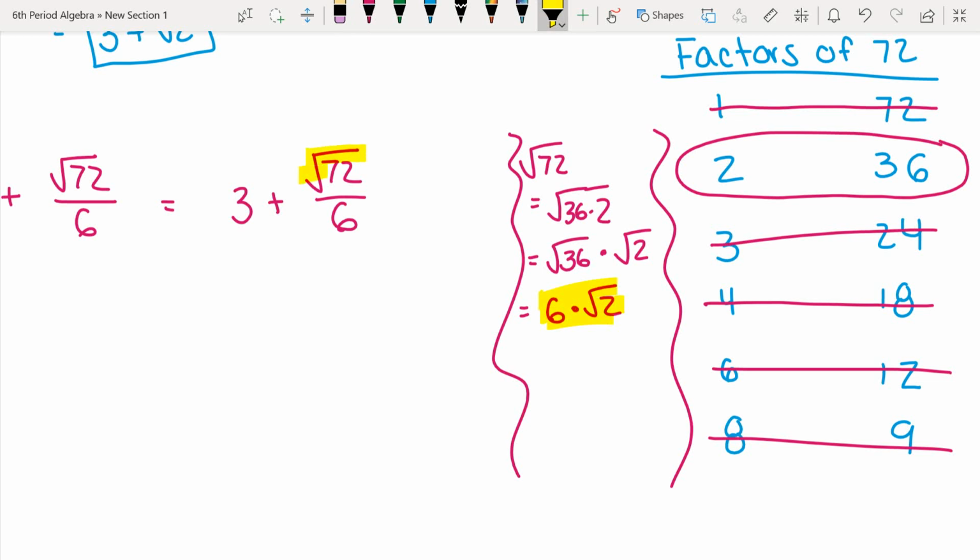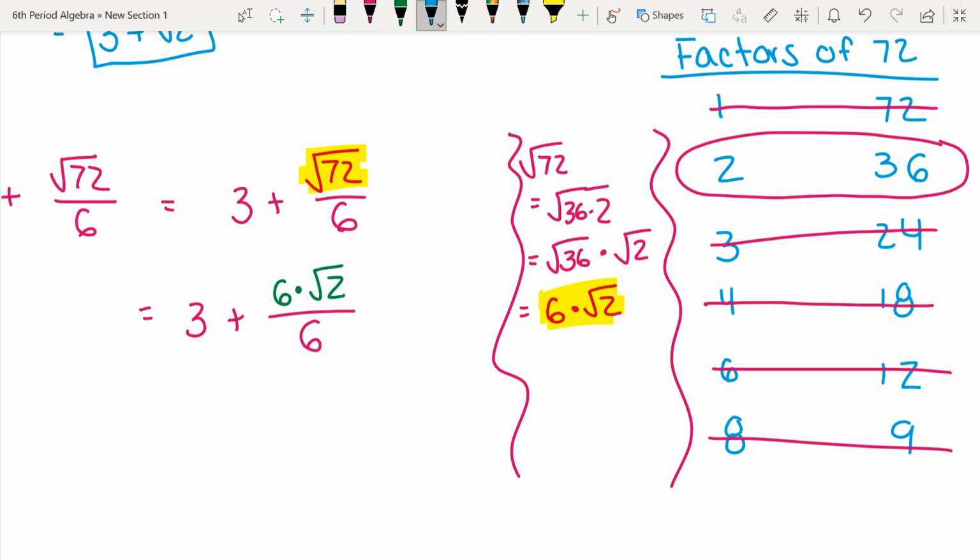So what I'm going to do is in my expression with the fraction and the 3 over here, I'm going to substitute the actual square root of 72 with our simplified expression. What this gives me is 3 plus, because that carries down, a fraction of 6. And then our 6 times the square root of 2 goes on the top. 6 times, not plus.